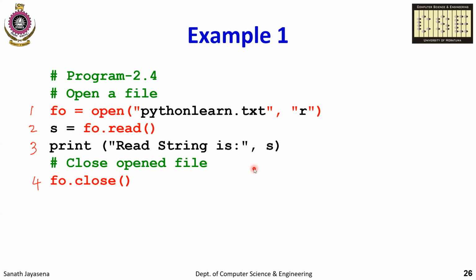Everything will not execute normally. There will be some particular error, or we call it an exception, that can occur. Right? Okay, that's basically an example of a file operation, reading a file.